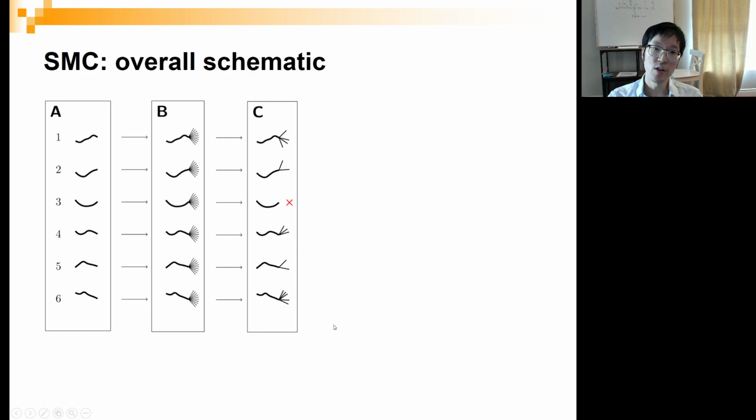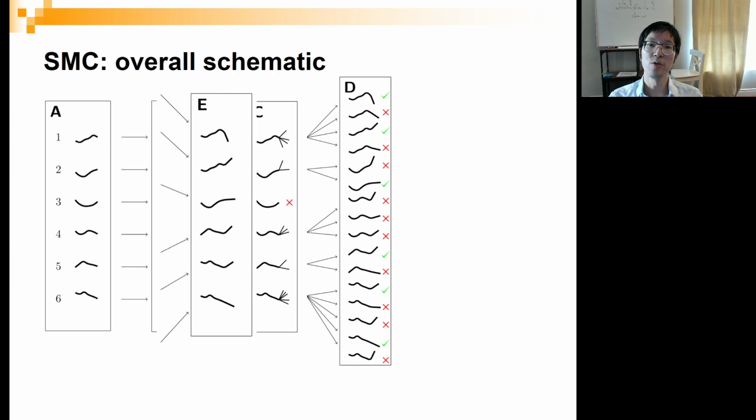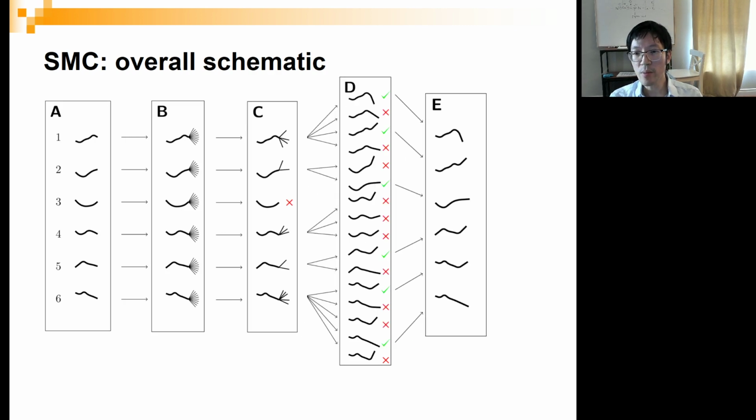From these plausible conformations, we end up with a much larger number of potential conformations. From here, we do a filtering step and a subsample to get a set of conformations that are low energy and structurally diverse.